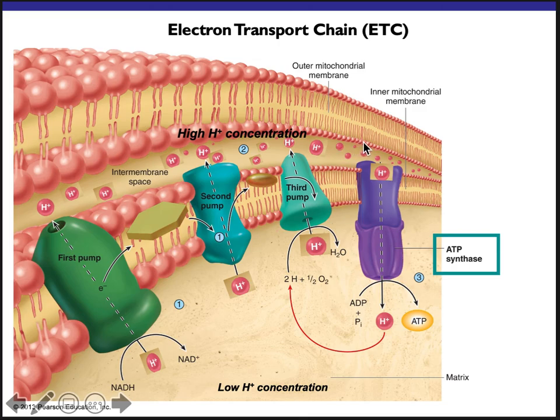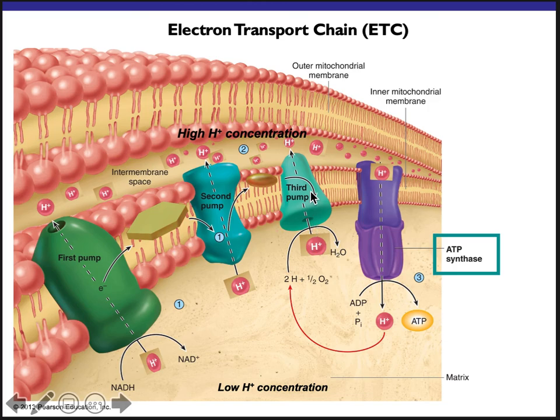He allows the protons to flow down that steep gradient, and by doing that, he gets a lot of energy that allows him to put that phosphate group onto ADP and produce ATP. And then that's also when you'll have a proton available to, in fact, combine with oxygen and that electron.